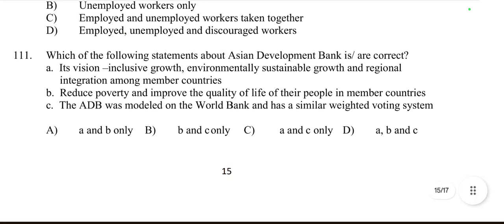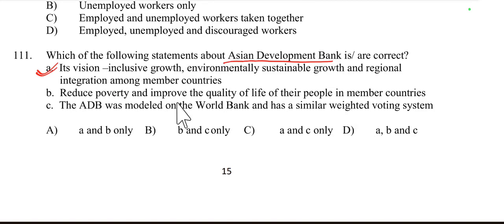Then 111: which of the following statements about the Asian Development Bank is or are correct? First is its vision: inclusive growth, environmentally sustainable growth, and regional integration among member countries. Yes, one of the Asian Development Bank's goals is this.